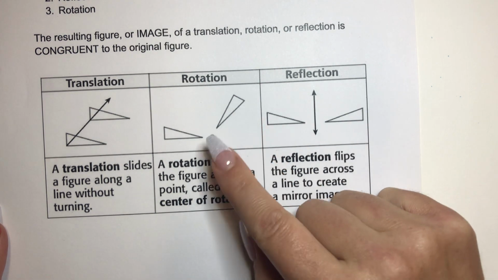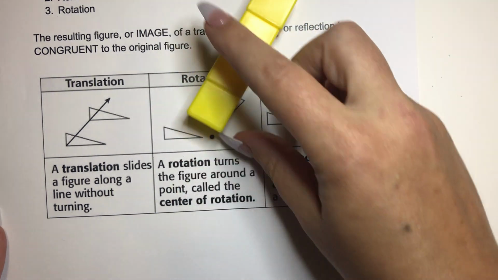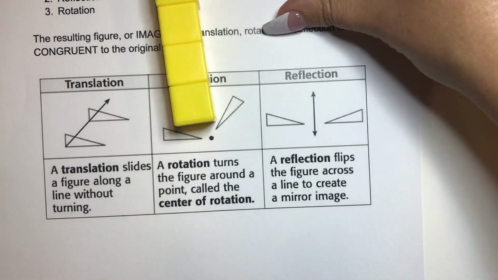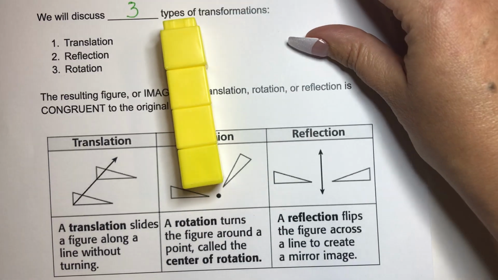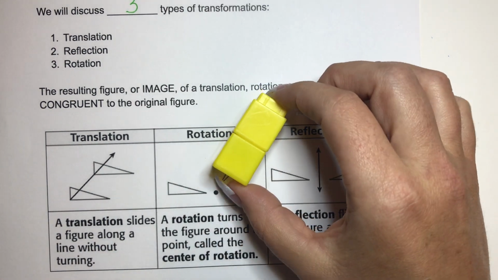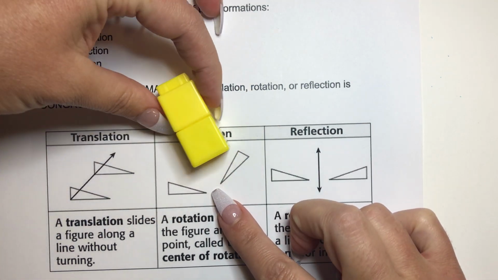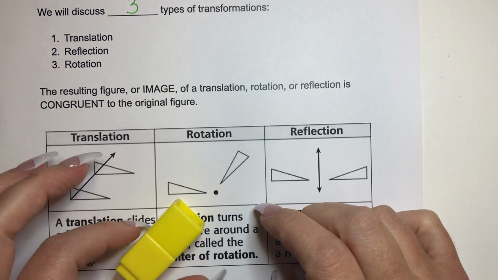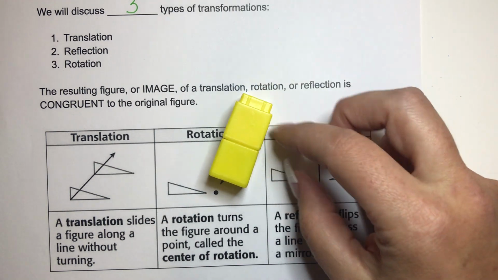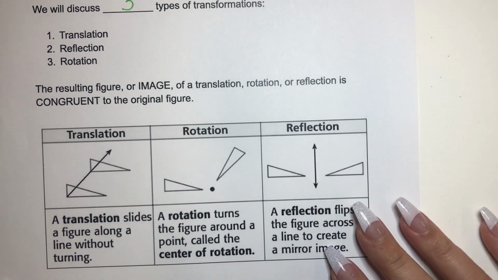So we have this figure here, and this is the center of rotation, and it rotates all the way around this point, kind of like a spinner. You ever see those spinners and you flick it and then it spins all the way around? That spinner is rotating, so that's a rotation.